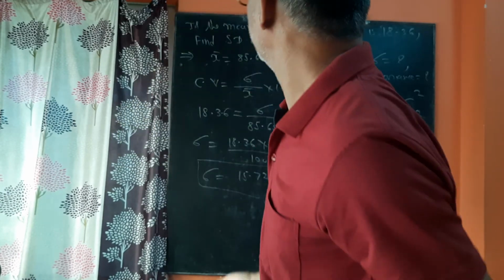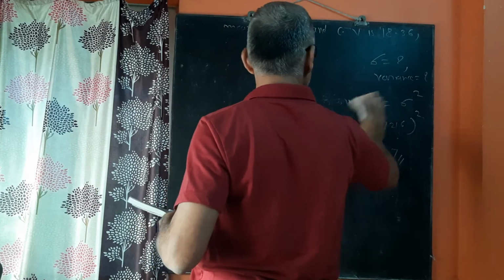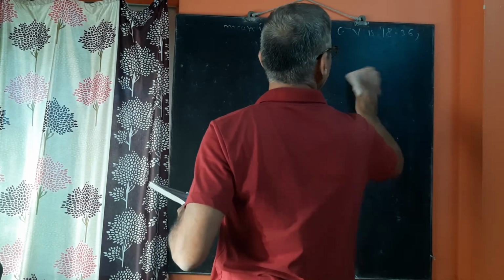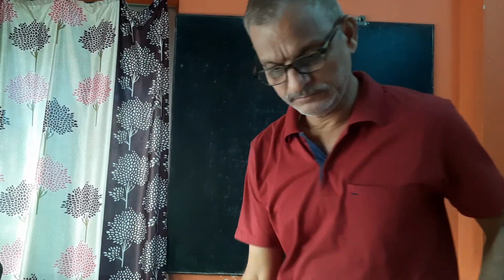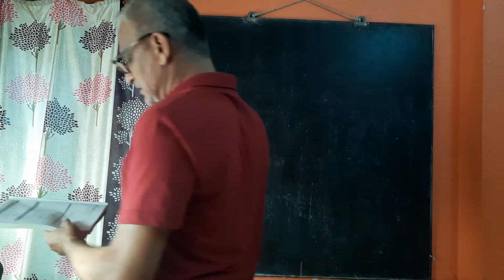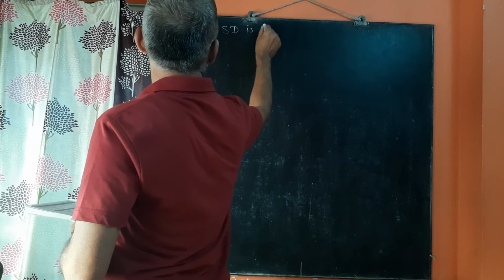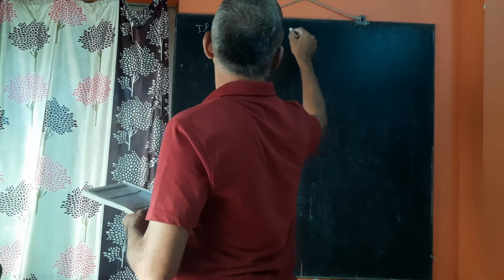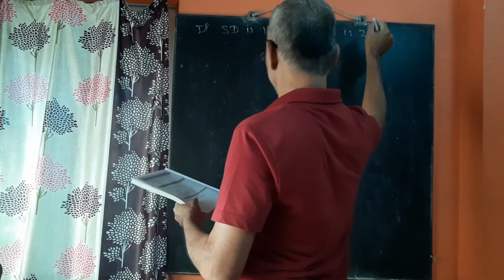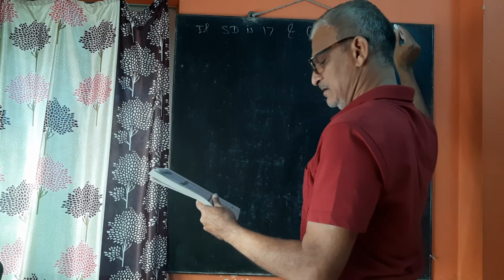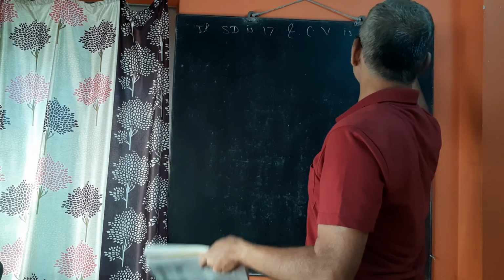Let us solve one more, and that is the last problem on that statistics part. If the standard deviation is 17 and coefficient of variance is 2, find mean.